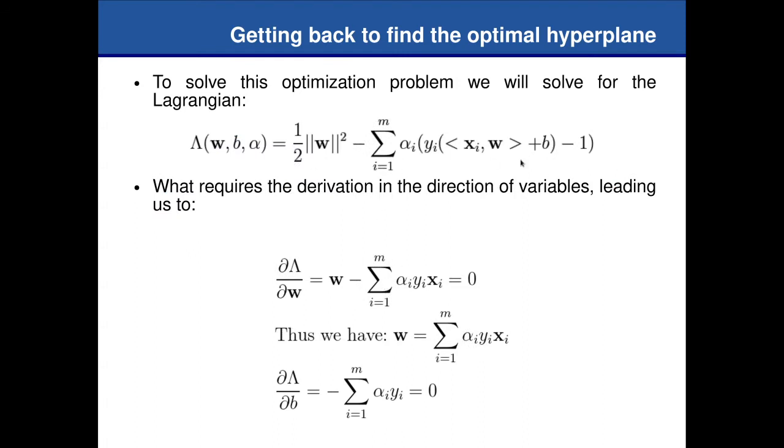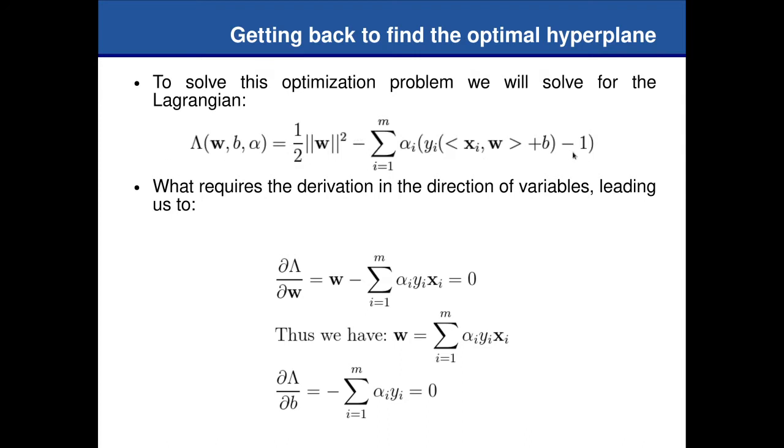So this is our Lagrangian. Remember, alpha is a vector, including all Karush-Kuhn-Tucker multipliers. And this is our Lagrangian. Again, negative because this is a minimization problem.